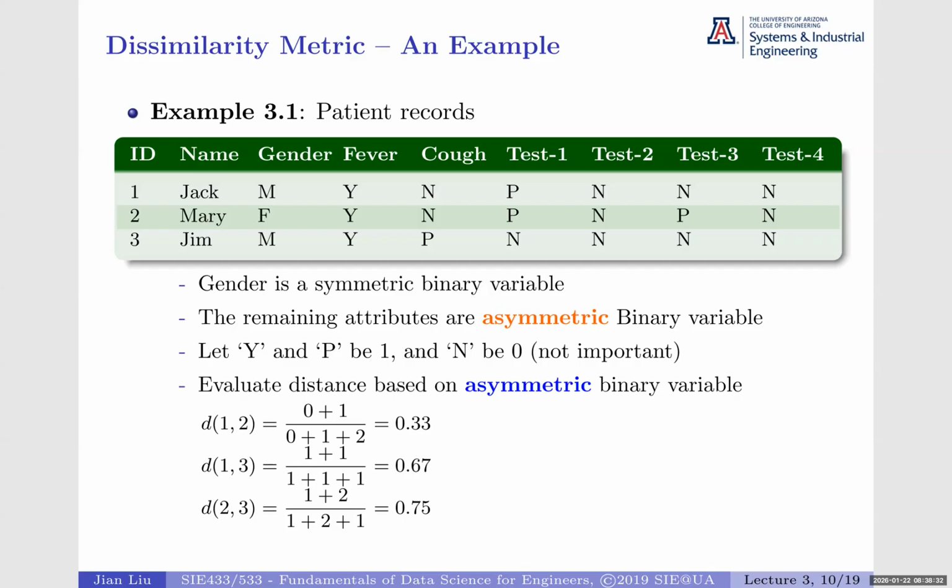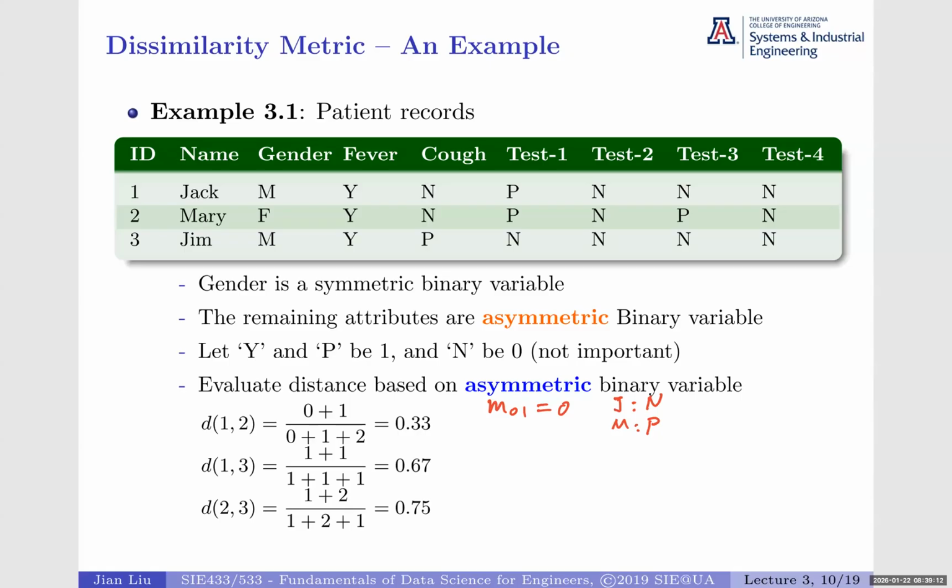M01 means Jack is negative and Mary is positive. Do we have that kind of case?